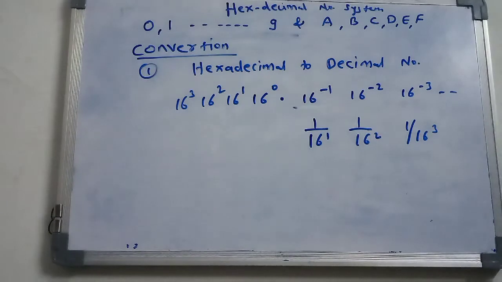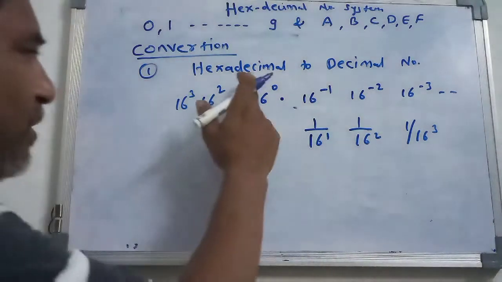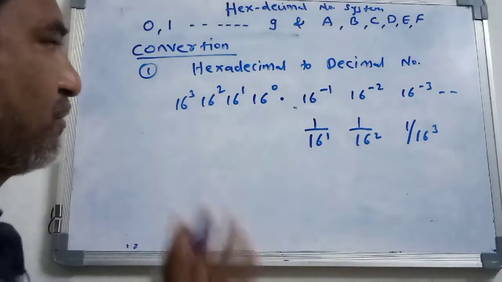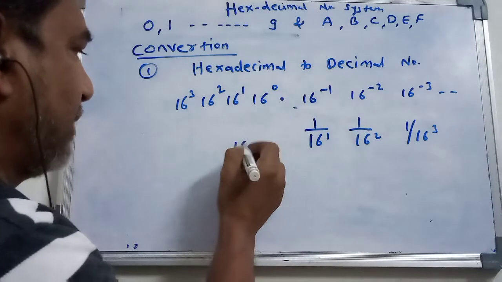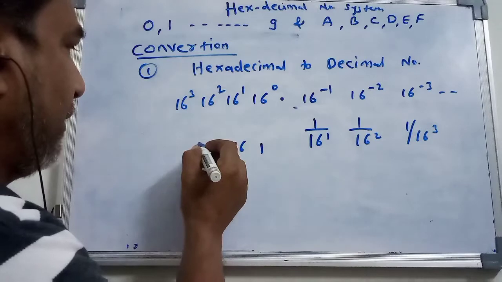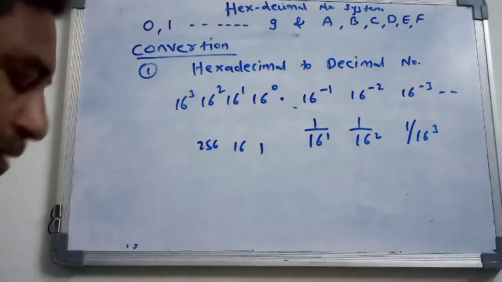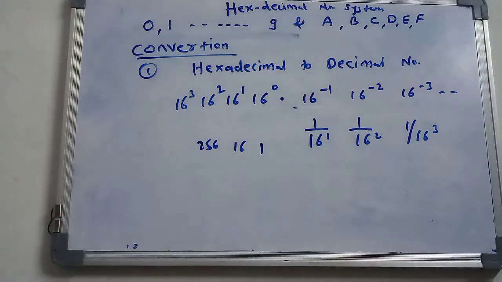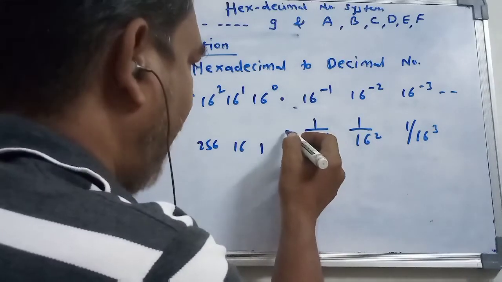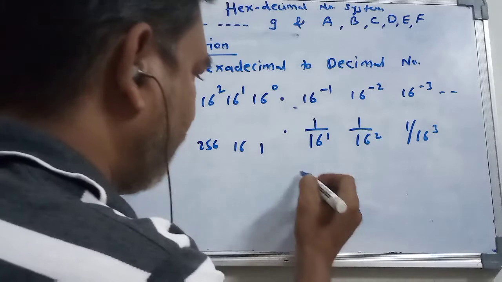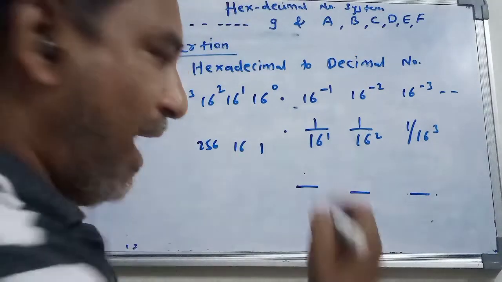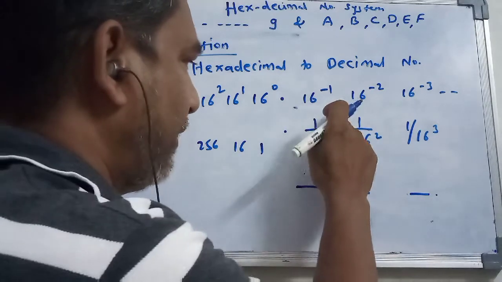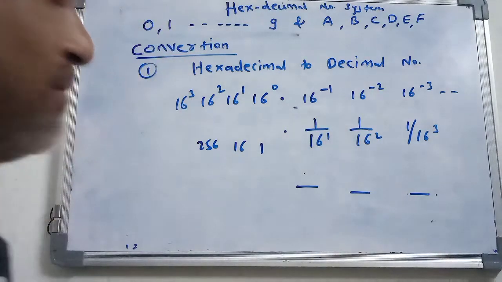The values of 16 raised to power 0, 1, 2 are 1, 16, and 256. When you get that particular value, it has to be evaluated, and that number you have to write down.